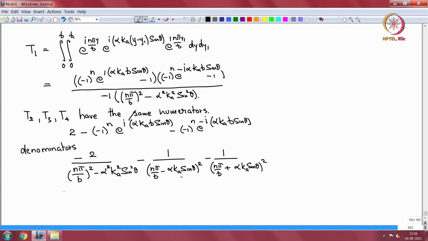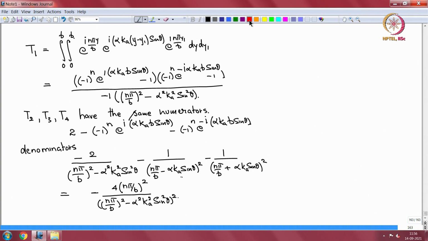You will get a minus 4 (n pi by b) whole squared, divided by (n pi by b) whole squared minus alpha squared k a squared sine square theta, whole squared. That's from the denominator.